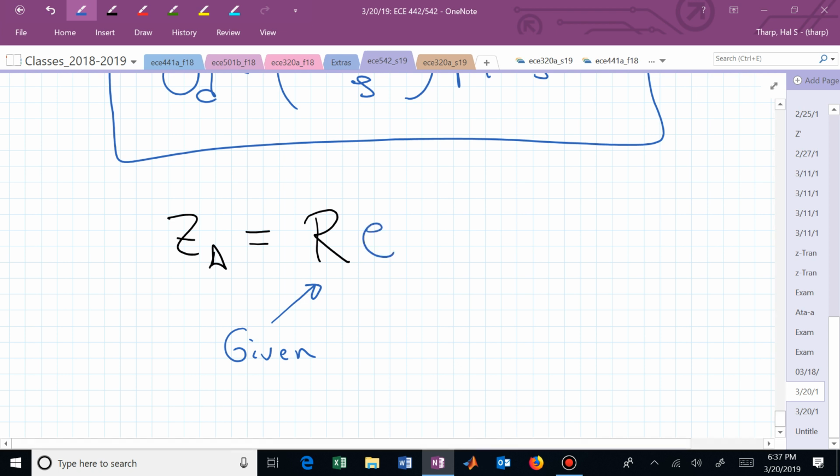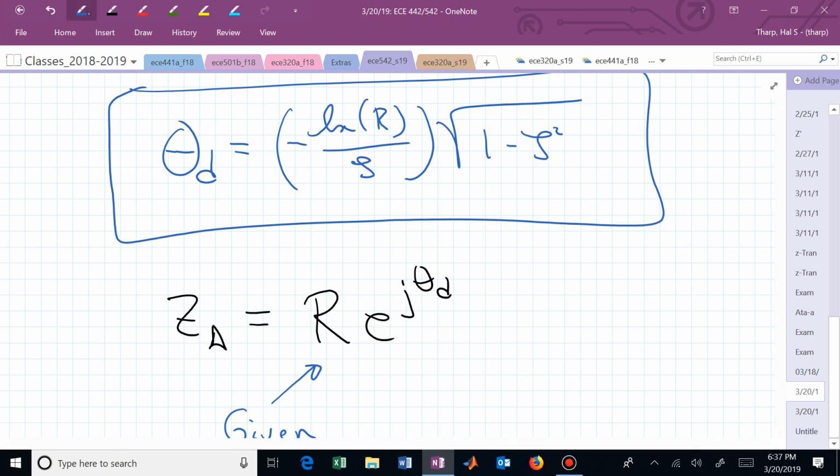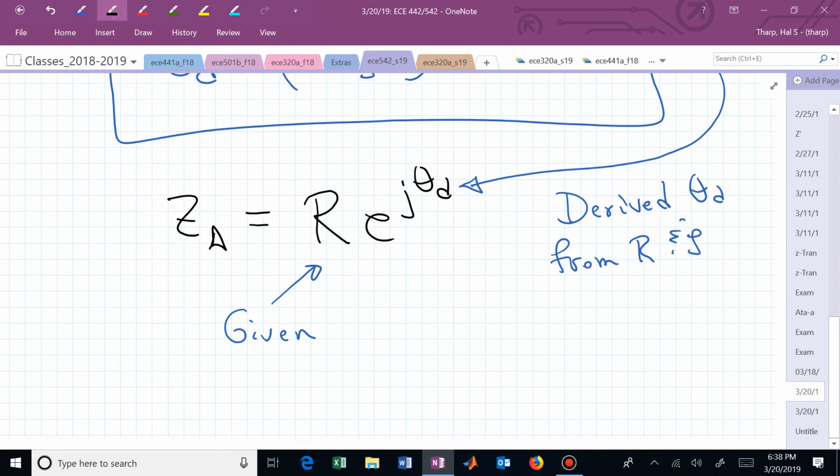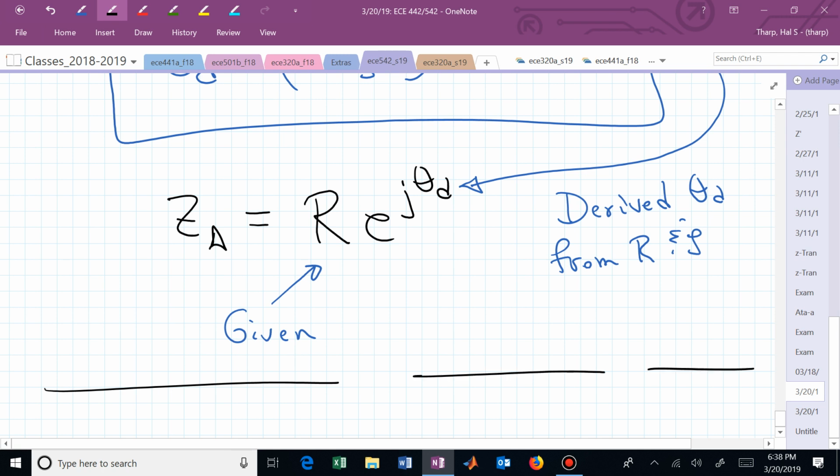Then we have e to the j theta sub d, and theta sub d we've derived in terms of r and zeta. So you give me those two specs, I can now find you a location in the complex z-plane analytically in terms of r and zeta.